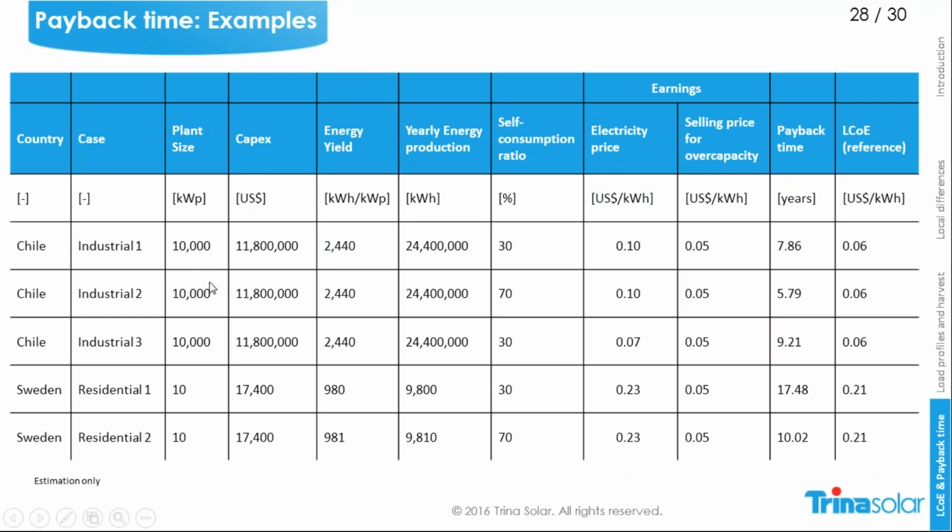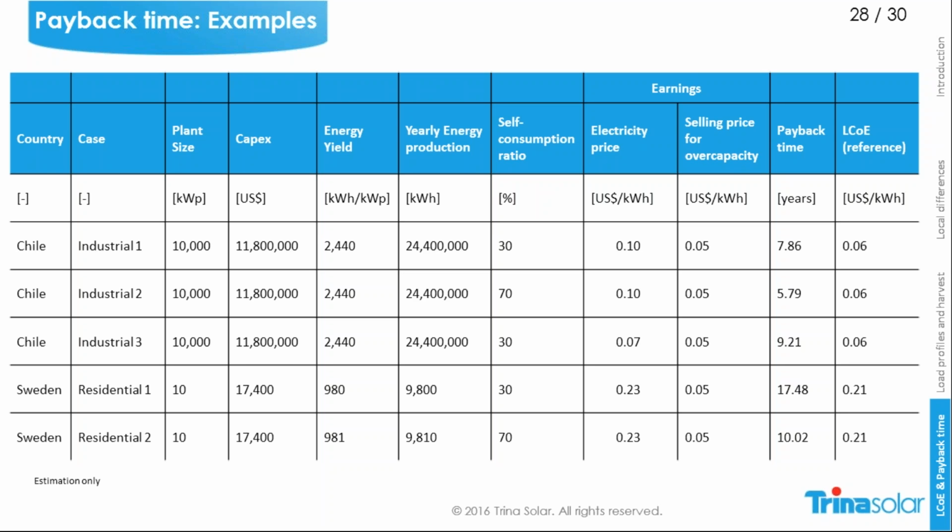So if you take a look at Chile, with a 10 megawatt plant and a self-consumption rate of, for example, 30%, the electricity price, that means what you need to pay if you consume from the grid, or what you save because you consume it on your own, will be displayed here as earning, because you don't use it from the grid.